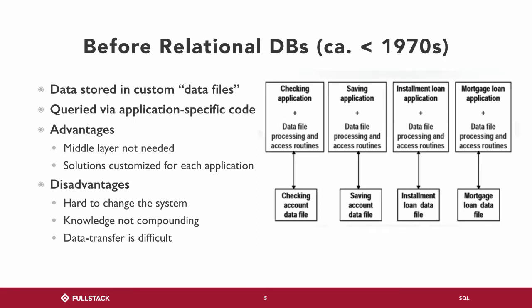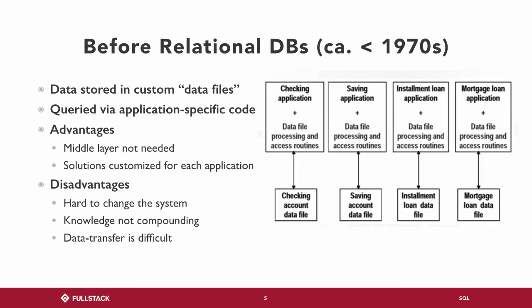Before there were relational databases, how did things work? Well, in the end, you had different files and different applications, and those applications were tasked with not only the processing, but also with storing the data. Each of the applications kept its own data file, and an application had the ability to query data.